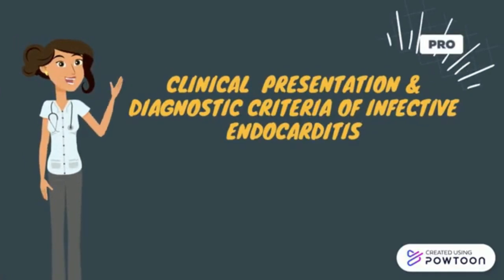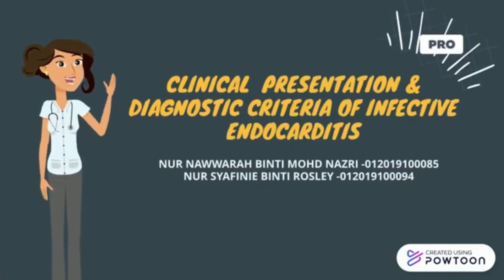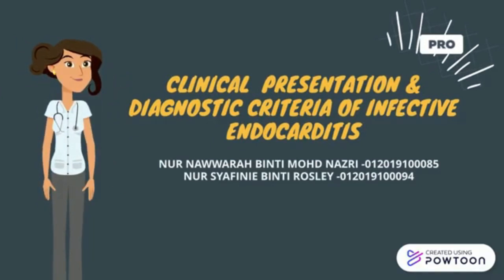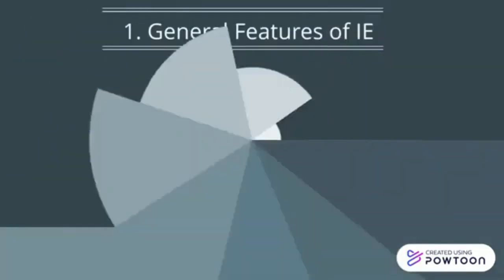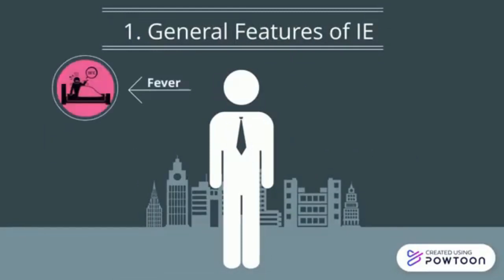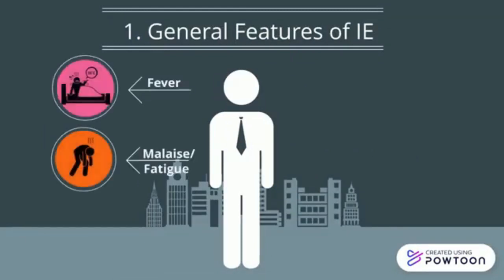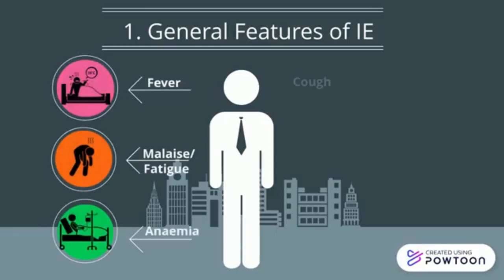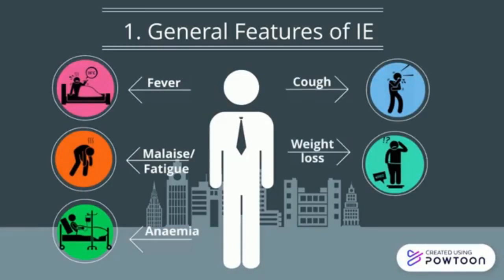Hello guys, so the next part is the clinical presentation and diagnostic criteria of infective endocarditis. Clinical presentation is divided into three features: general features, vascular features, and immunologic features. General features of infective endocarditis are fever, malaise or fatigue, anemia, cough, weight loss, and heart murmur.